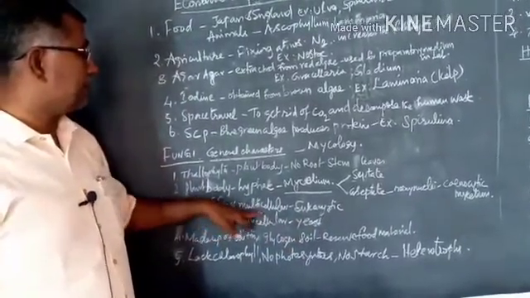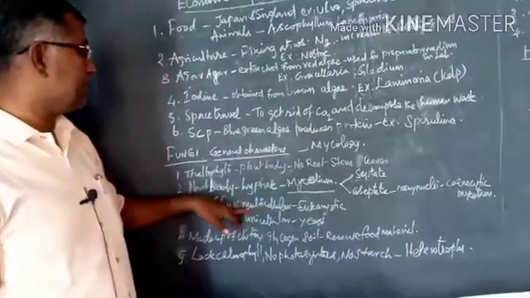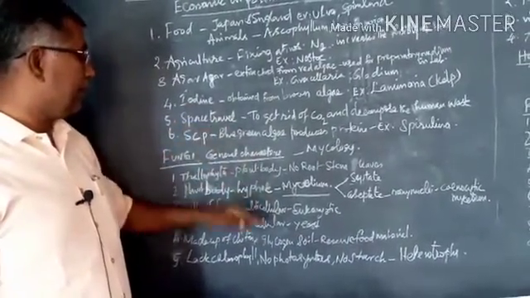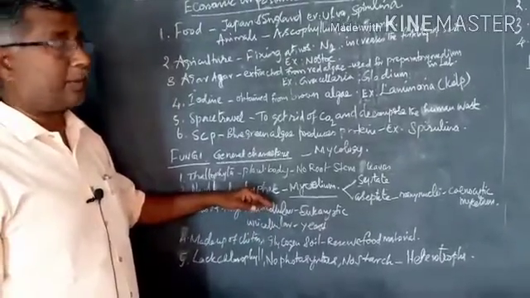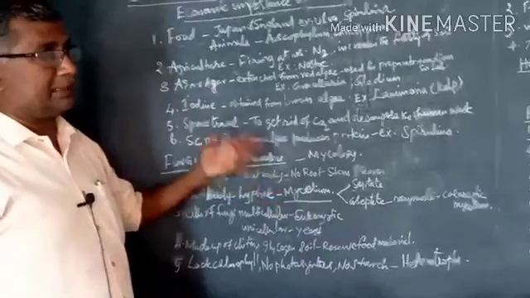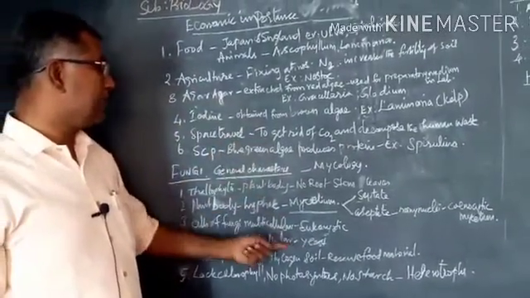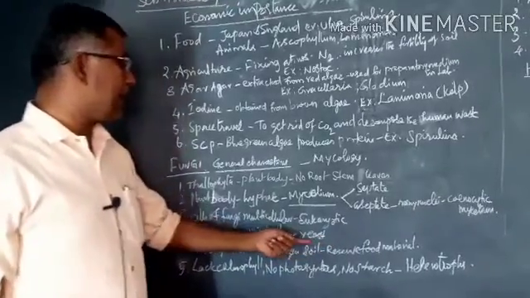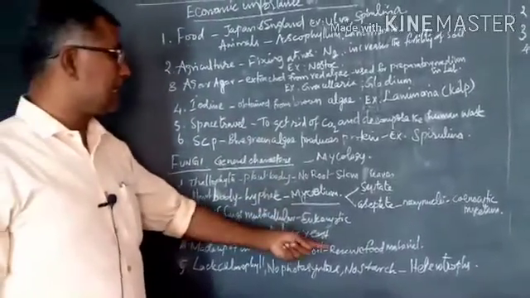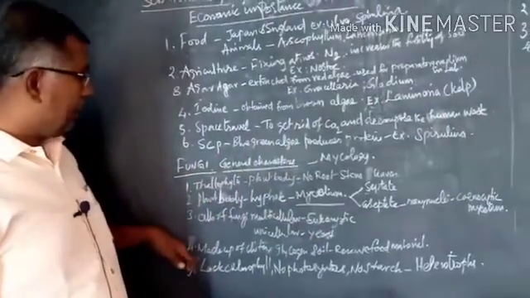The multicellular is Agaricus, button mushroom. Whatever they may be, they must be eukaryotic in nature. Eukaryotic means the cells have a well-defined nucleus and cell organelles. Even though yeast is only one cell, it has all cell organelles and a well-defined nucleus.